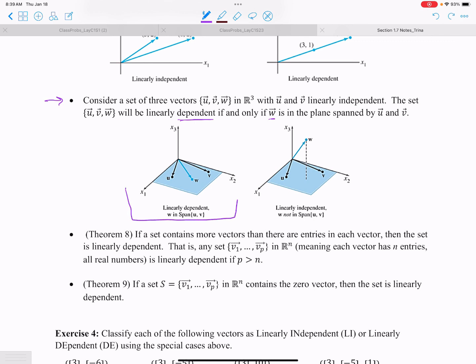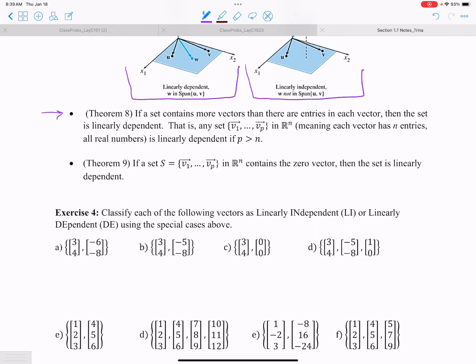This first picture is trying to show that w is in the plane, that light blue area, defined by the span of u and v. And the second picture is showing that the vector w is not in the span of u and v.